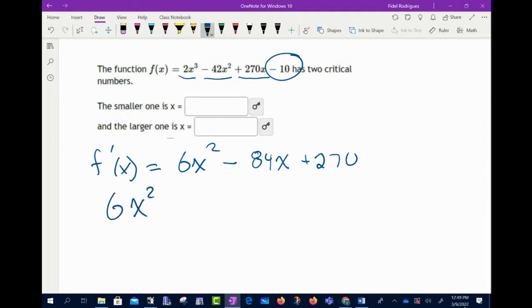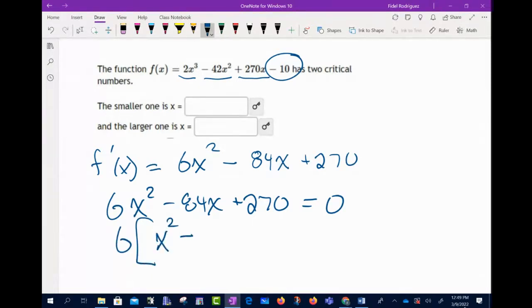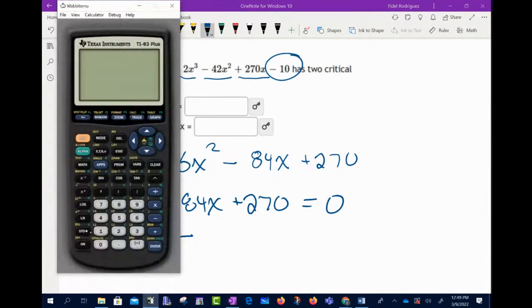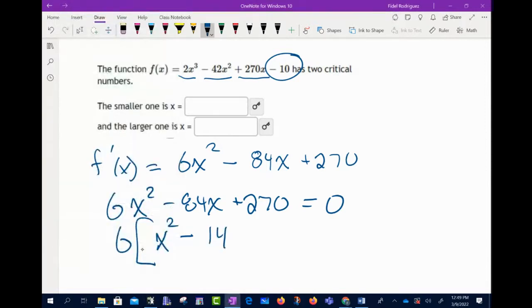So we're going to set our derivative equal to 0, and we're going to solve for x. Since we're trying to solve this equation, we can probably factor out a 6. If I factor out a 6, that's going to leave me with an x squared. I'm going to take my calculator so I can figure out what's 84 divided by 6. 14, and then 45 right here.